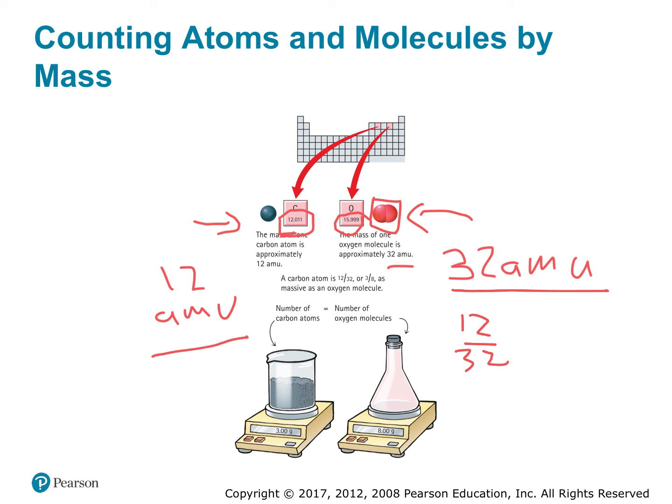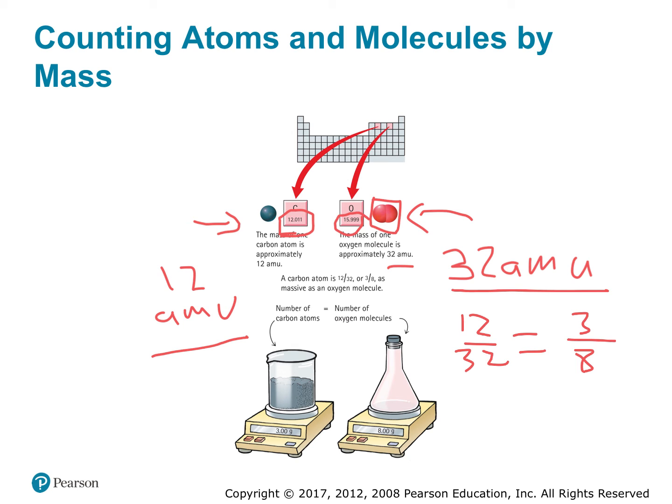And of course, that fraction works out to be 3/8, because you can divide both of these by 4. So in other words, a carbon atom is 3/8 as big as an oxygen molecule.